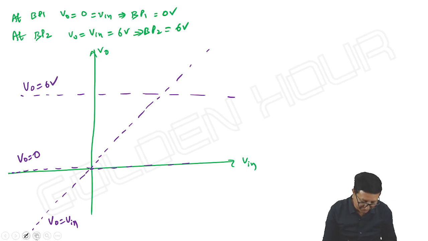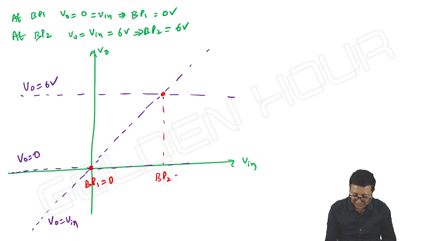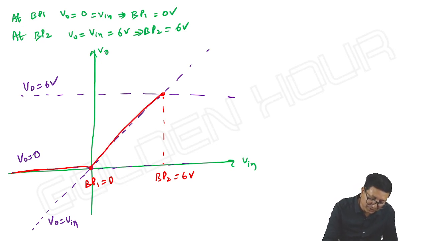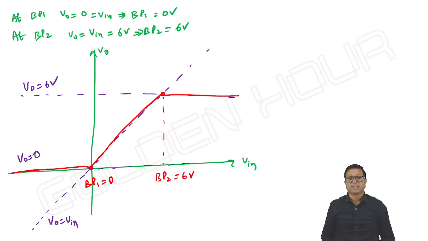Now we can see the breakpoints. This is one breakpoint whose value is 0, and this is another breakpoint whose value is 6 volts. So the first case is possible for input less than breakpoint 1. Output is 0. Next, if input is between 0 and 6 volts, the diode is acting like an open circuit and output is equal to input. If input is greater than 6 volts, output is 6 volts. Right. This is how we can see the transfer characteristics.